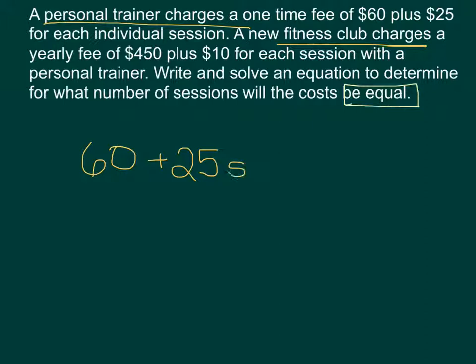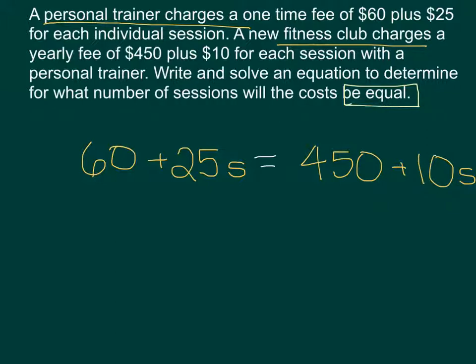So let's just use S as the session. And then the new fitness club charges $450 for a year plus the $10 for each session. And again, they want these to be equal. So there's the first step, which is writing the equation.